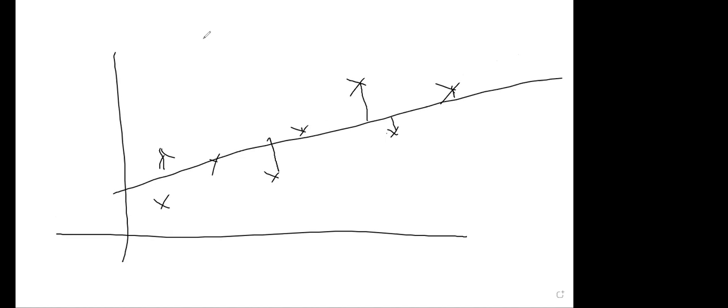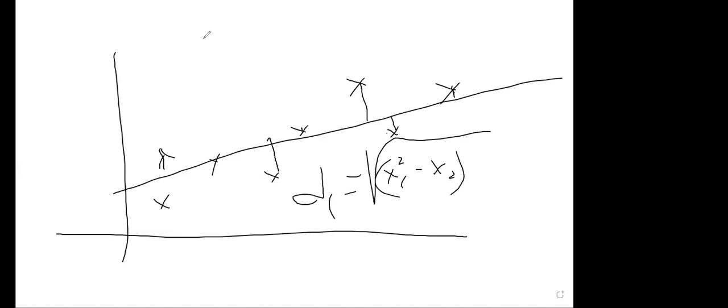So that distance is generally d equals the square root of the first distance, x1 squared minus x2 squared. I'm sorry, x1 minus x. Let me change this.